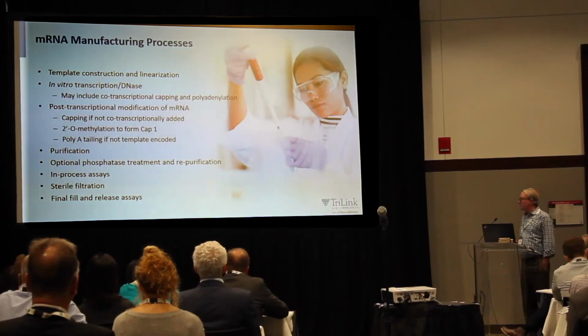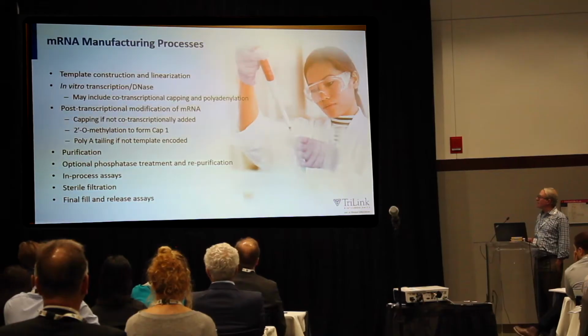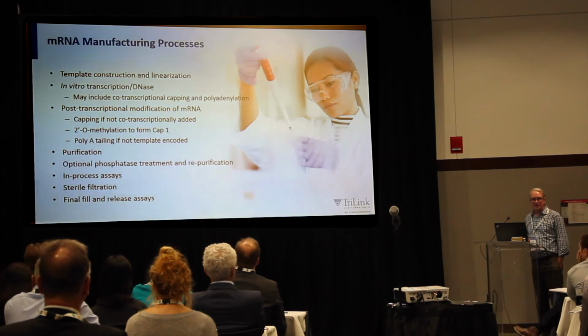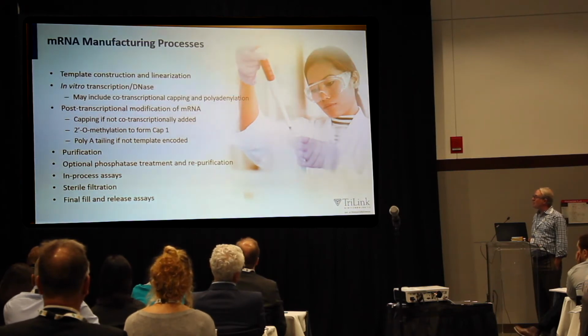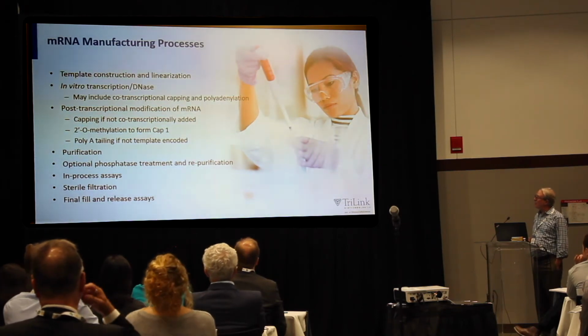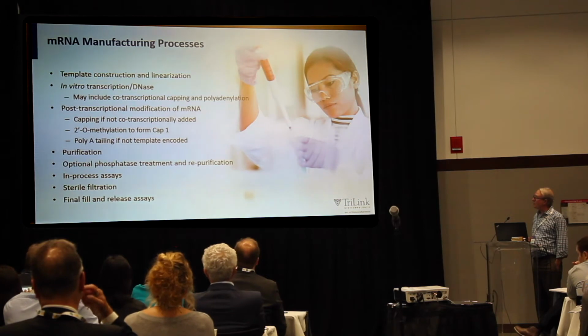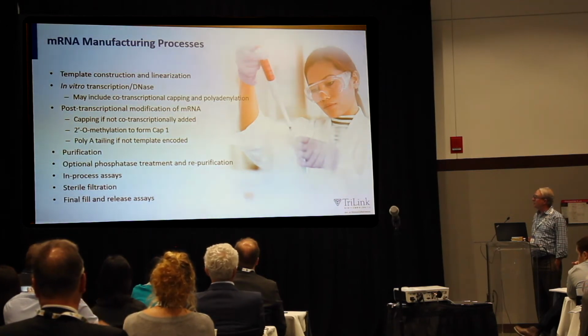During the manufacturing process, the first thing we do is think about the template design and construction, and then we linearize the template. You do in vitro transcription with the T7 polymerase, and then you may include a DNase step to degrade the DNA template. There's a number of post-transcriptional modifications which are possible. For example, if you have not co-transcriptionally added your cap, you can do that enzymatically.